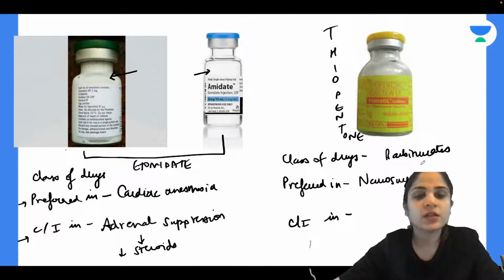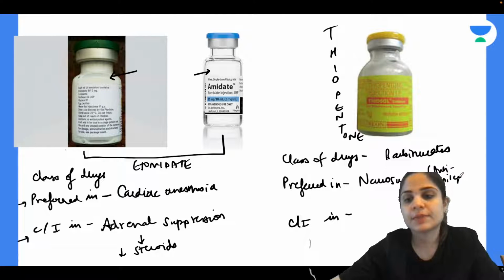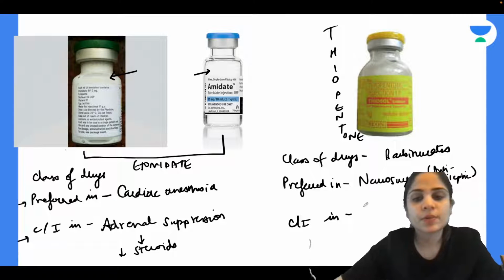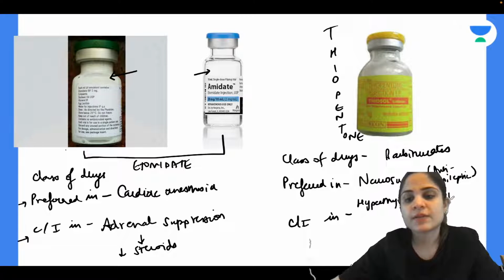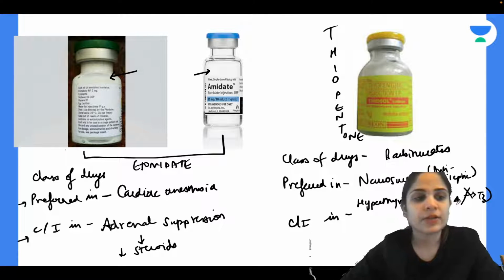Along with maintaining a low intracranial pressure, it is also anti-epileptic in nature. Okay, so that's why we prefer it in neurosurgery. We also prefer it in induction of a patient who has hyperthyroidism. Okay, why hyperthyroidism? Because it prevents the peripheral conversion of T4 to T3. This is prevented by thiopentone. That's why we prefer it in hyperthyroidism.